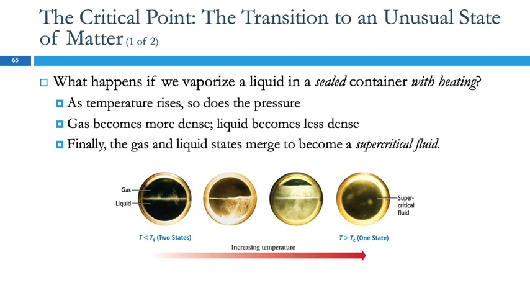As we heat this up, the liquid becomes less dense and the gas becomes more dense, and at a certain temperature, these merge into one state, which is called a supercritical fluid. And that state will occur at any temperature above the critical temperature.